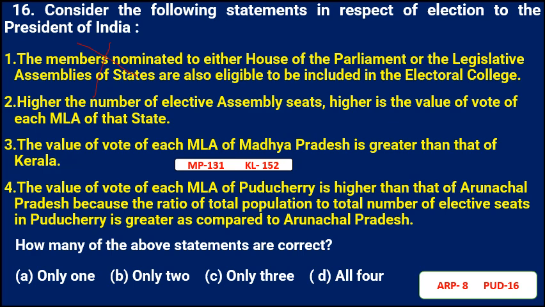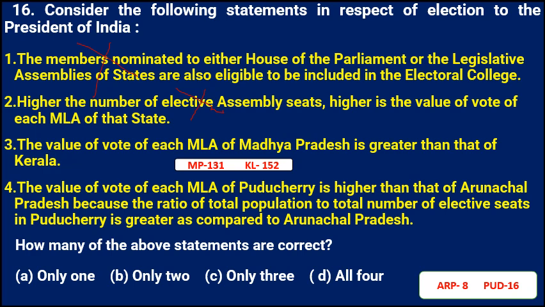Second statement, the higher the number of elective assembly seats, the higher is the value of vote of each MLA. No, it is an incorrect statement, because the MLA vote value is determined by the total population divided by the total elected members of the MLAs.